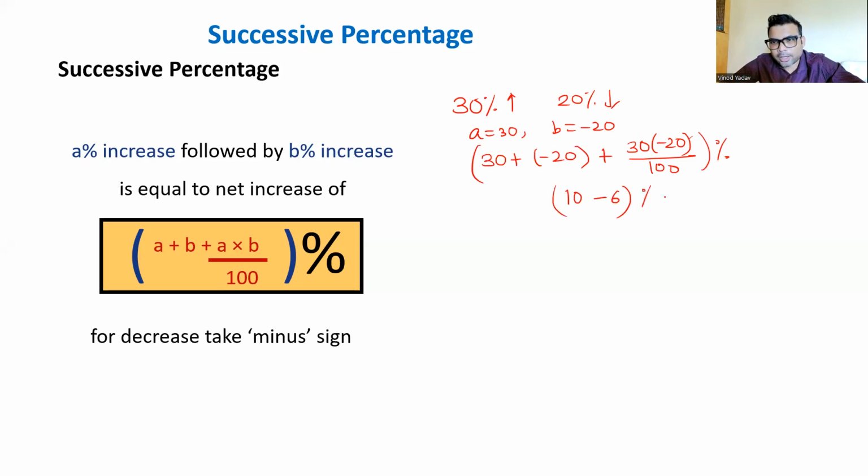Means net, there is an increase of 4%. All right. And if these values are not comfortable, we can always go by fraction logic: 1 plus base fraction, 1 minus base fraction. All right. Got it? Correct? Cool.